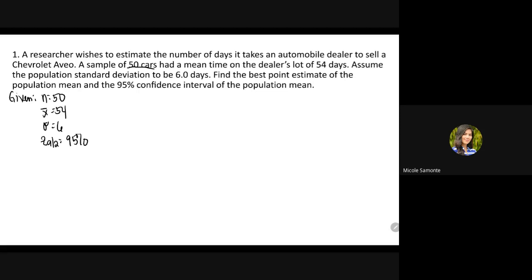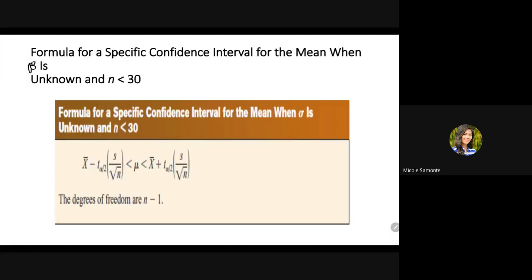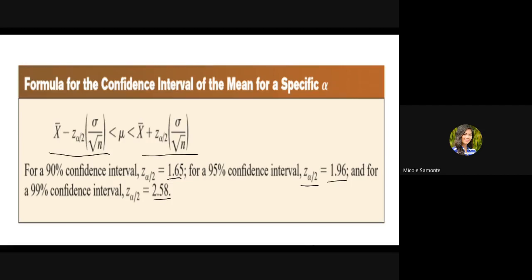Kung babalikan natin yung ating slide kanina, ang katumbas ng 95% ay 1.96. Ito po, nakita nyo ang 95%. For 95% confidence interval, Z alpha over 2, use 1.96.